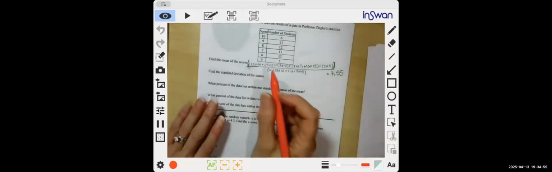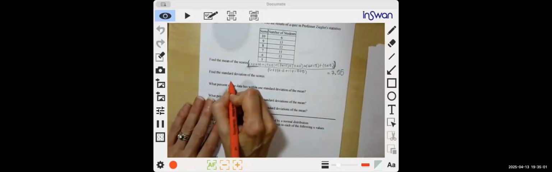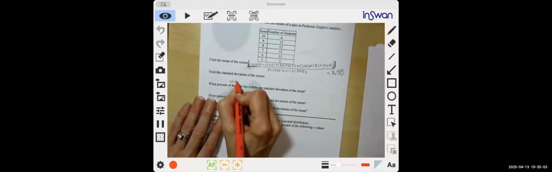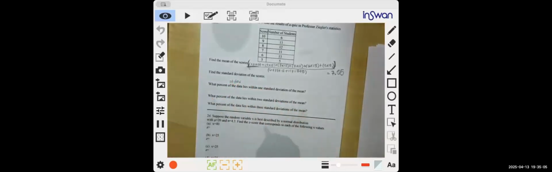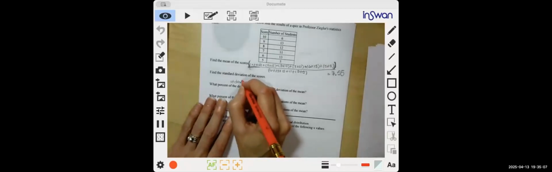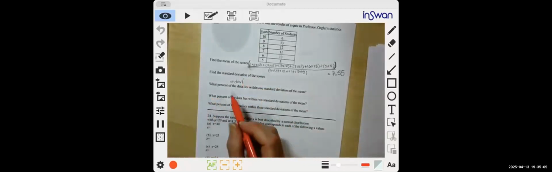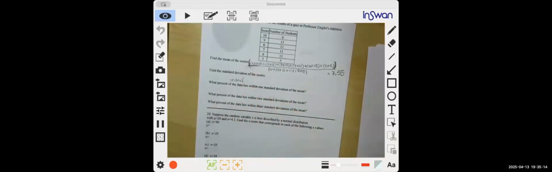It's STDEV, parenthesis. If you remember that STDEV parenthesis, you can have the Desmos calculator just find the standard deviation for you. All you have to do is type everything in.